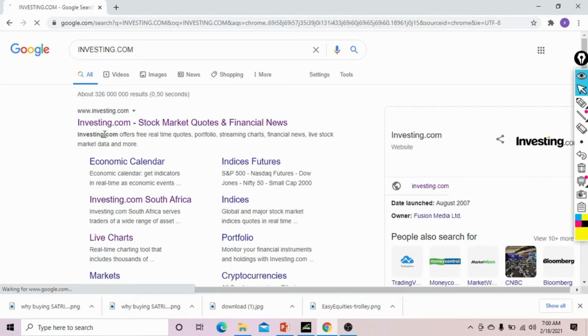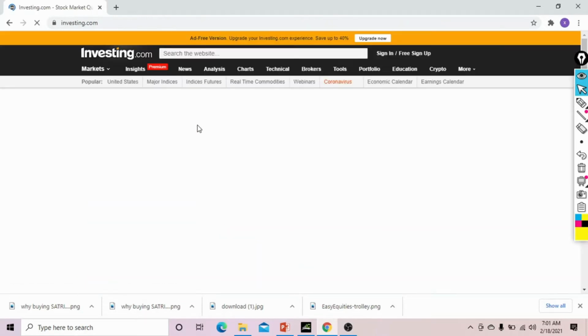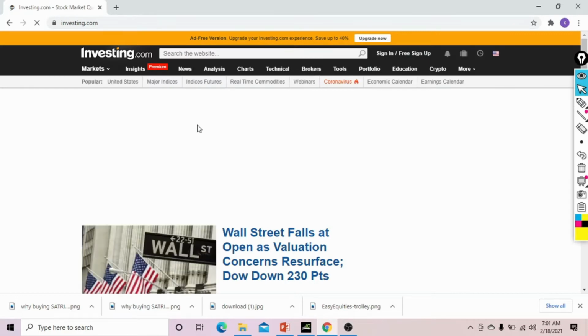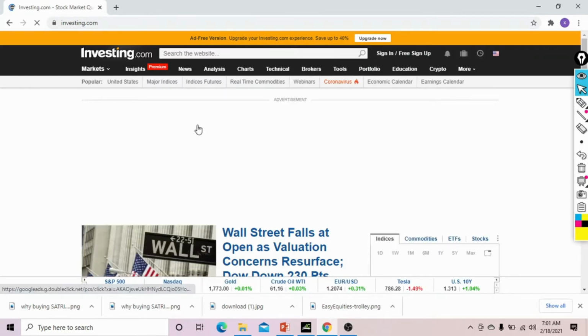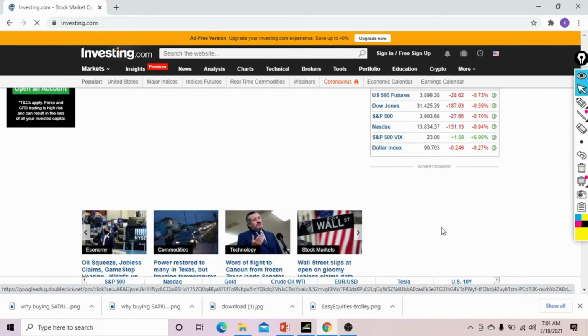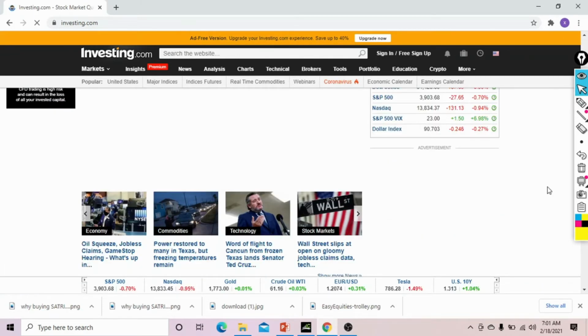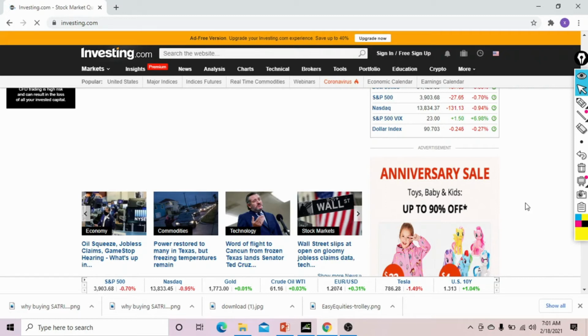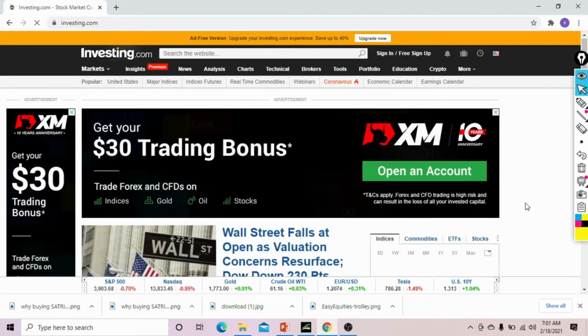Then this is a pop-up page that you're going to get, and then you just click investing.com stock market codes and screeners, and then it will take you to this investing.com page. Once you are here, the first thing that you need to do is change from US to your specific country.